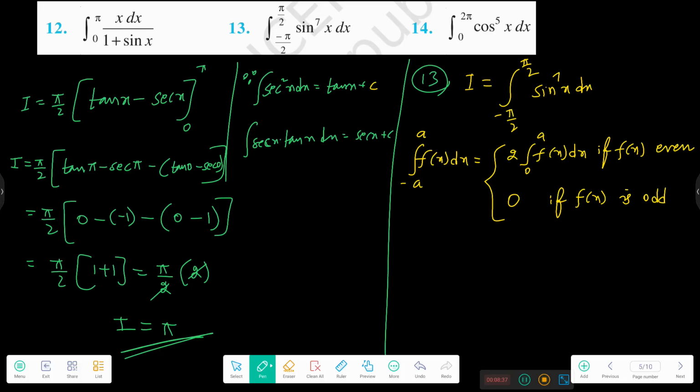So let's see what f of x I am taking. Here take the question: f of x is equal to sin power 7 x. To check even or odd, what do we have to do? Do you remember? We have to replace: f of minus x equals sin of minus x whole power 7.